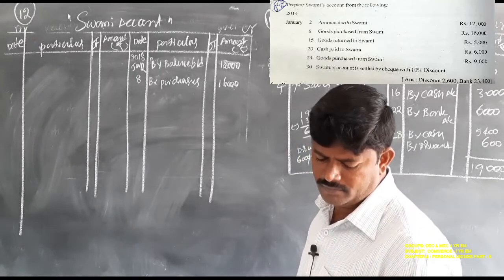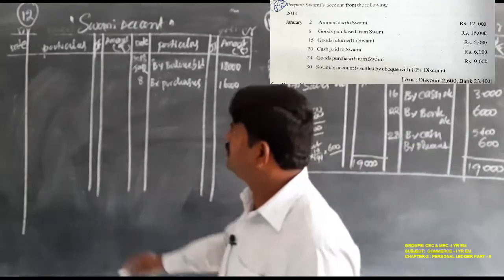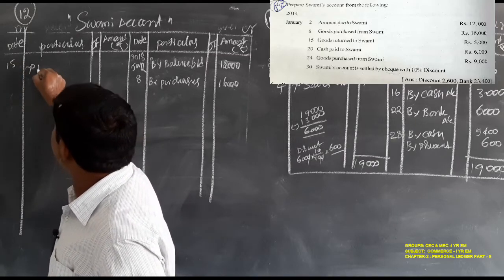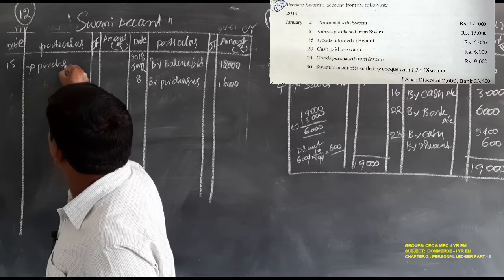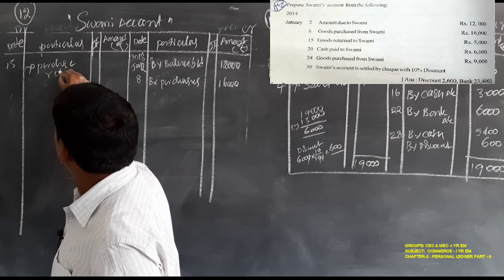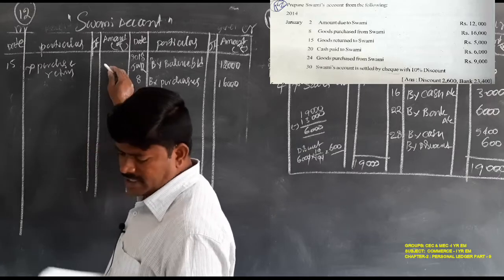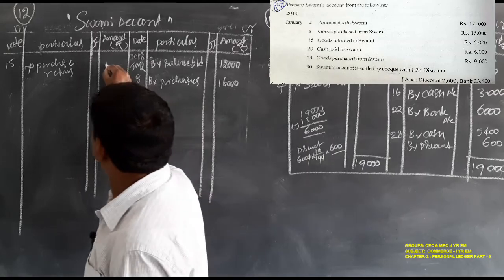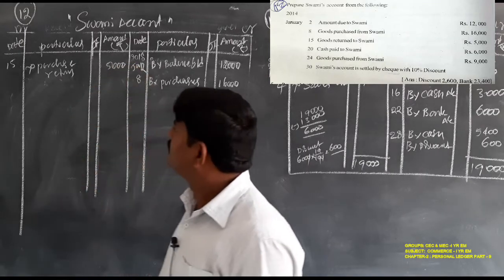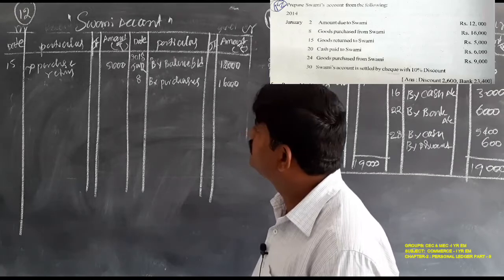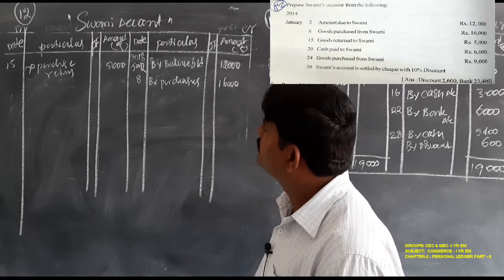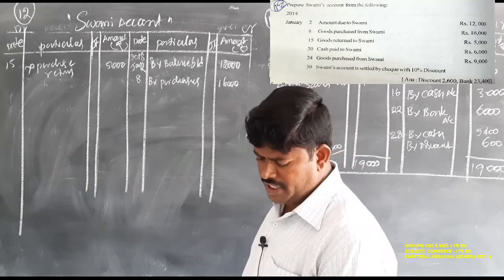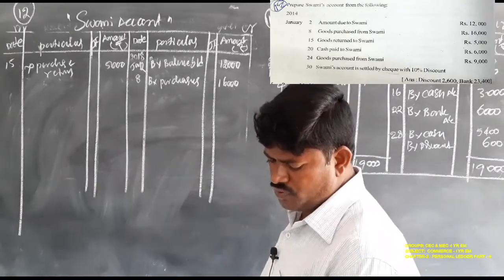Next, goods returned to Swami, 15th date. To purchase returns. Purchase returns amount is 5,000 rupees. Next, 20th, cash paid to Swami.